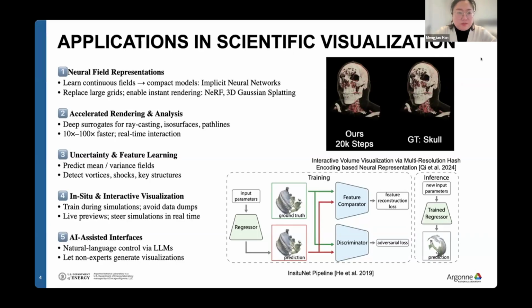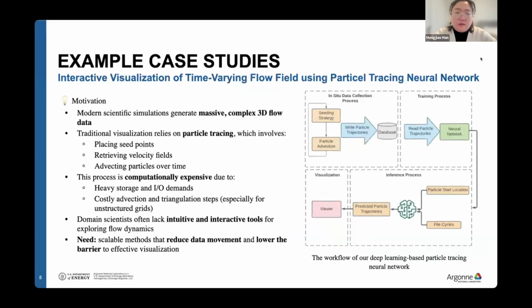Next, I will introduce two projects we've done that apply deep learning in scientific visualization. Our first example focuses on interactively visualizing time-varying flow fields. Traditionally, we use particle tracing, a technique to visualize flow fields.